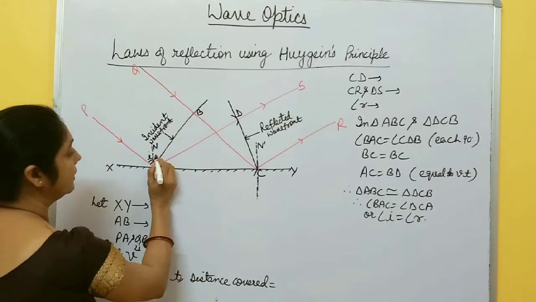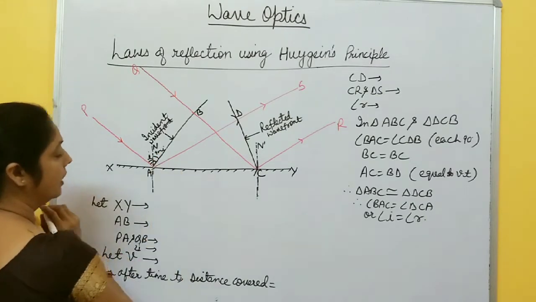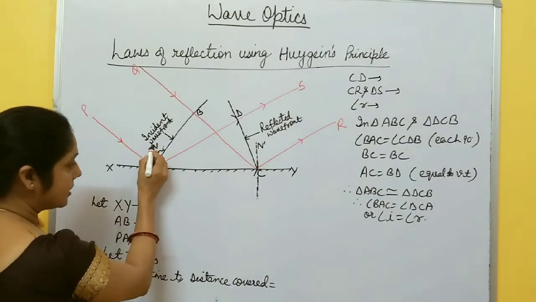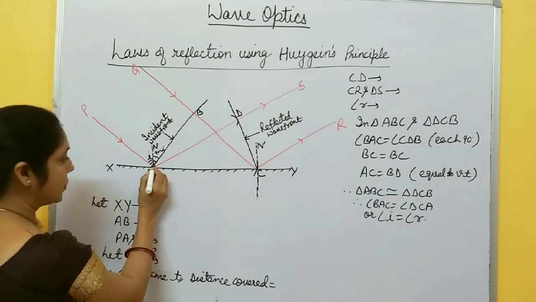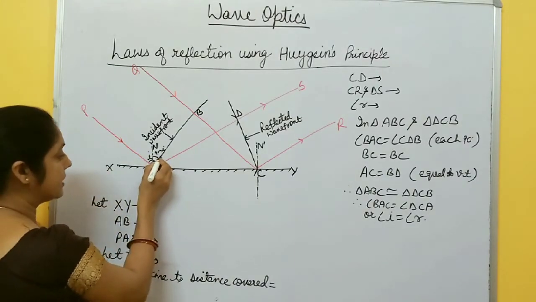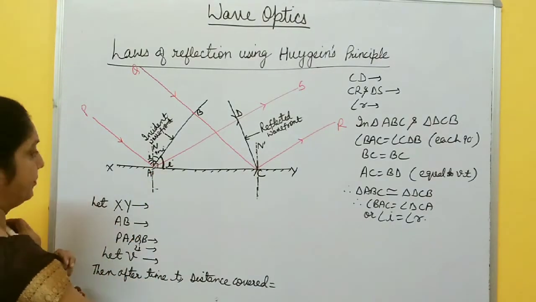It means this angle becomes 90 minus i. Again, this line is normal to the surface, so this whole angle is 90 degrees, and this one is 90 minus i. It means this angle is the angle of incidence i, right?